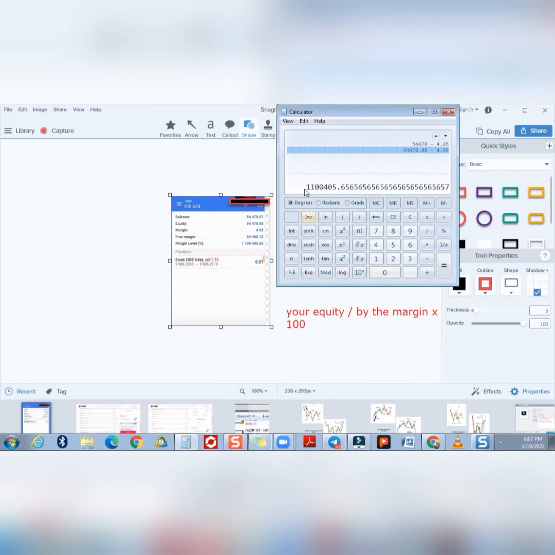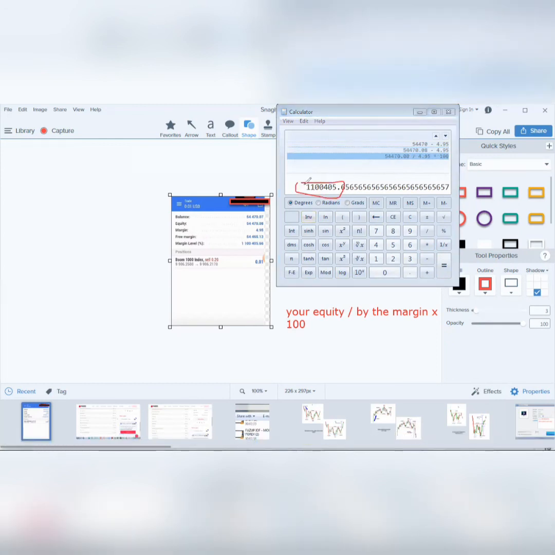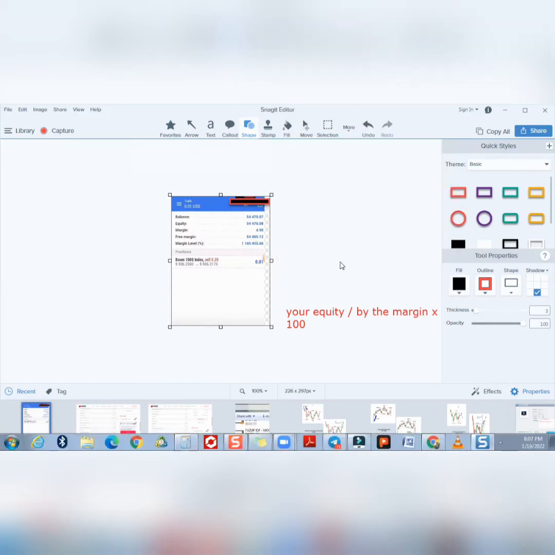Okay, guys, so we have 1,145.6, approximately 1,145.66. That's what we have there, guys. So, guys, this is just it about the margin level, the free margin and equity. It doesn't have to be really difficult, guys.